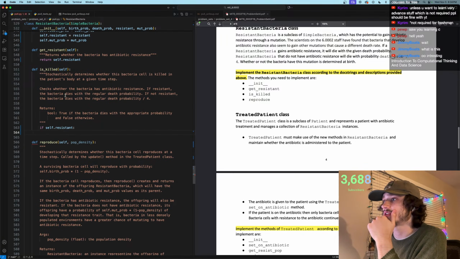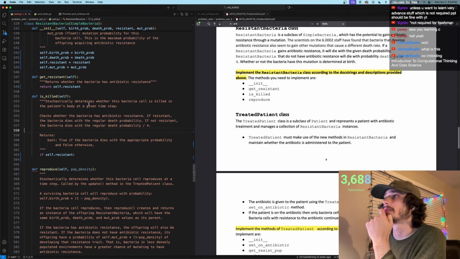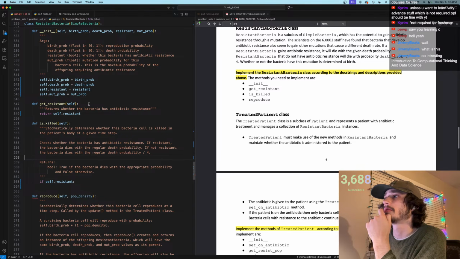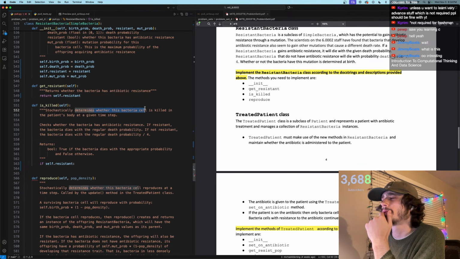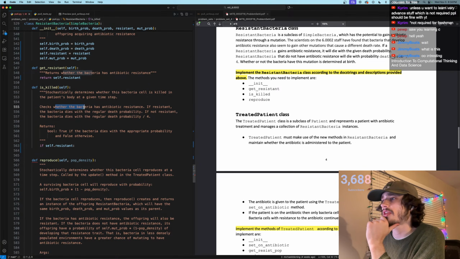if it is resistant, we're going to decide whether it dies with the death probability. Checks whether the bacteria has antibiotic resistance.